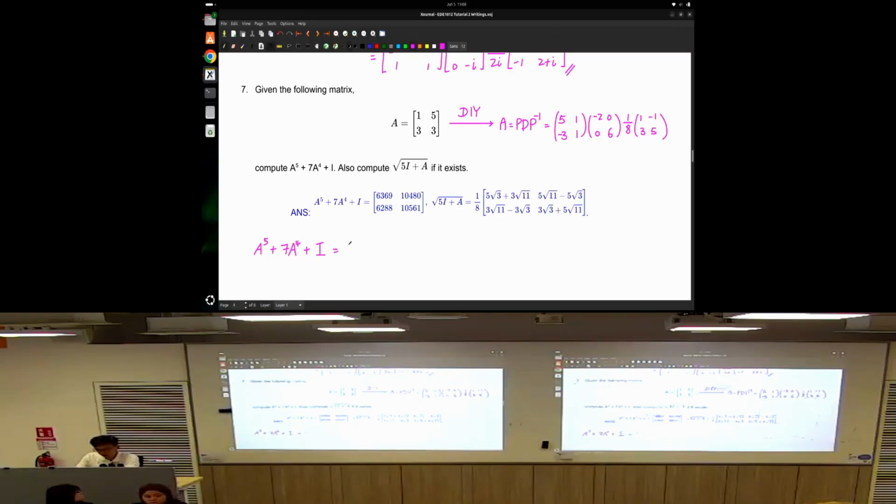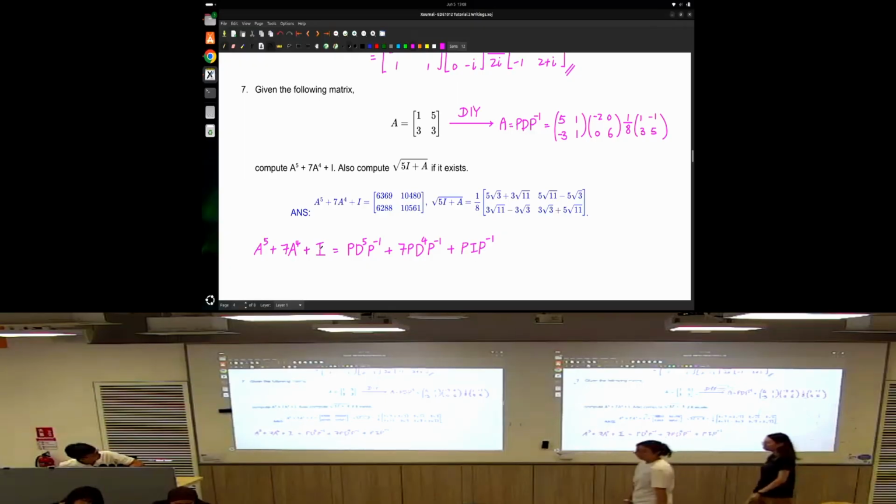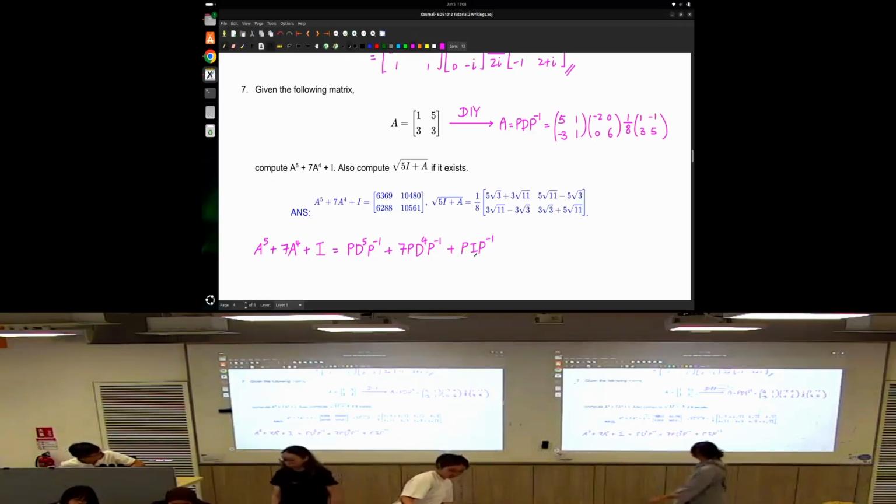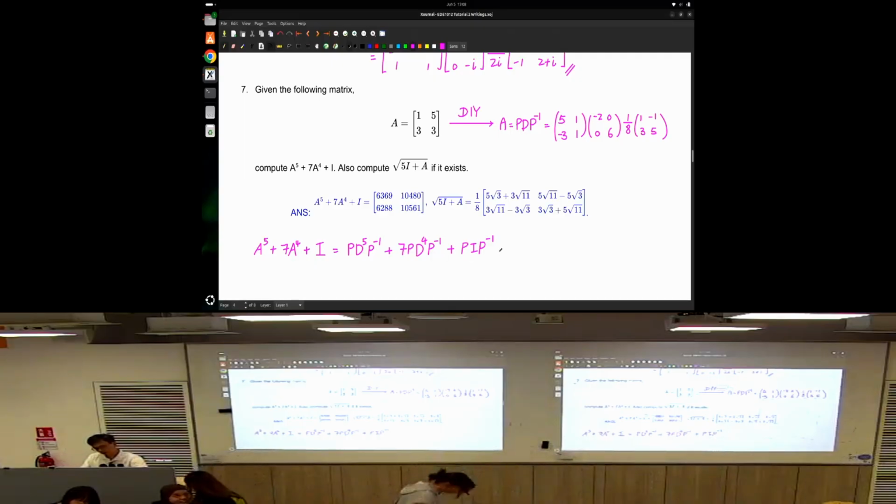So the first term is P times D to the 5 times P inverse. Then this is plus 7 times P times D to the 4 times P inverse, plus this I, which you can write as PIP inverse, because PIP inverse is also I. The reason to write it this way is so that you can factorize out the P at the front.